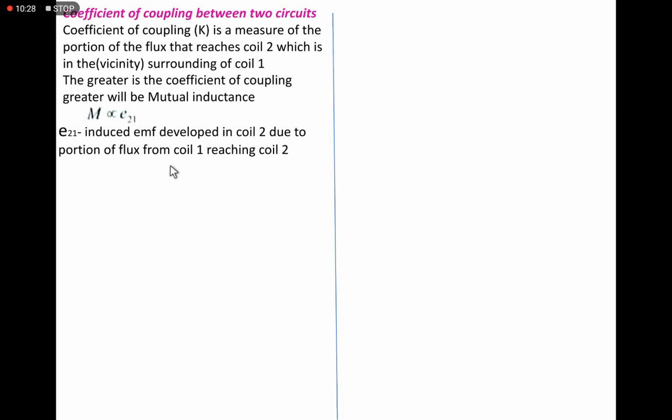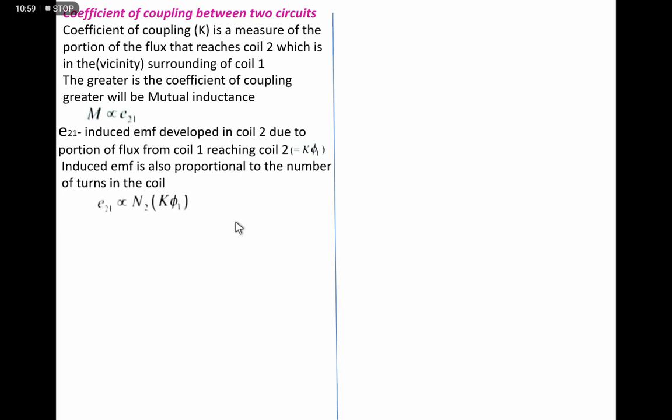The portion of the flux which changes in coil 1 and reaches coil 2 gives the EMF in the secondary, and that we will write as K phi 1, the flux changed in the primary that links with the secondary.